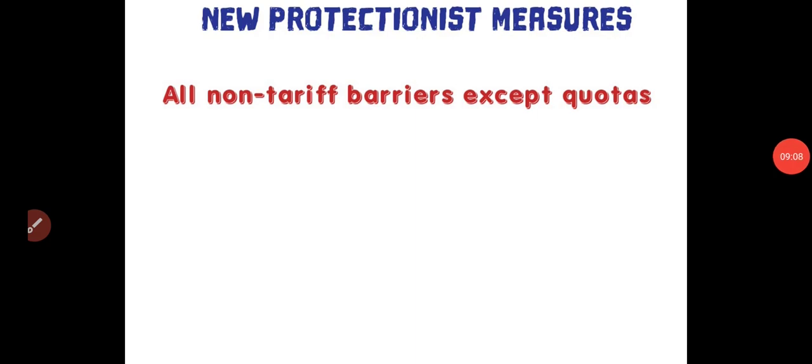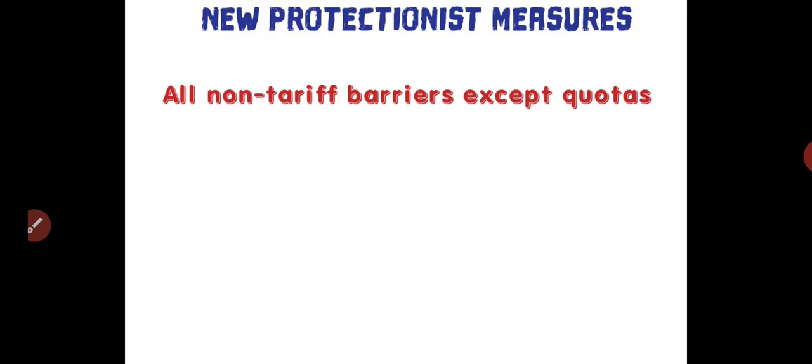Similarly, we have new protectionist measures. This is called new protectionism. New protectionism is a system in which new protectionist measures are imposed by the government depending on the situation. So all non-tariff barriers except quotas are called new protectionist measures. Tariff is a traditional measure, and quota system is another traditional measure.